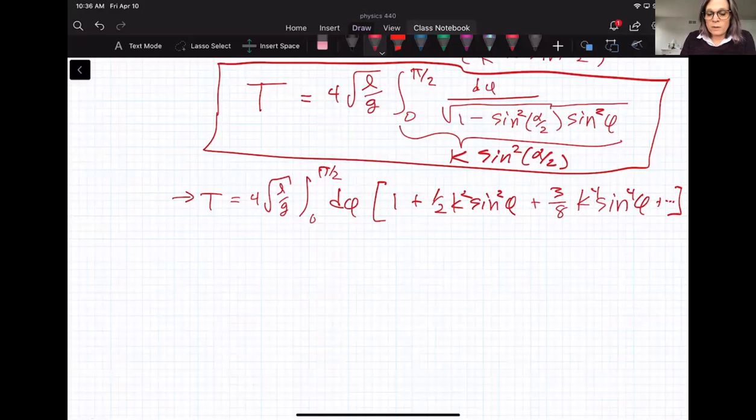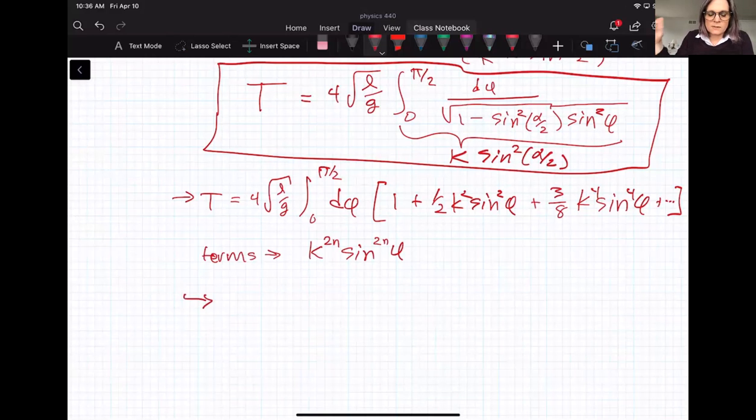Once we have that, we have an infinite series that we can integrate term by term. The terms of each series are k to the 2n sine to the 2n phi.